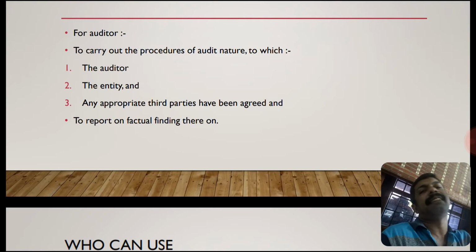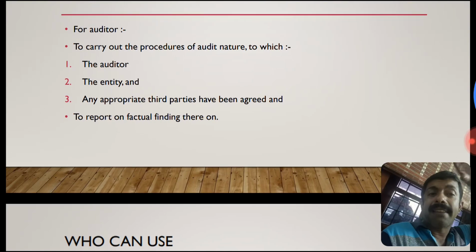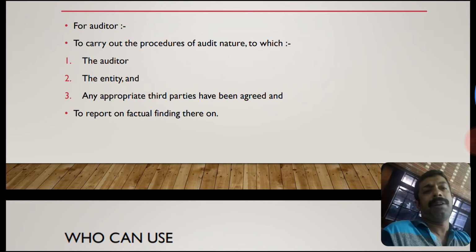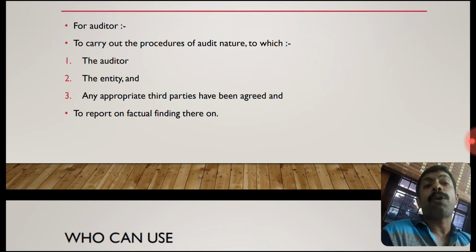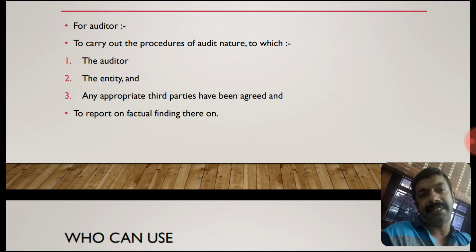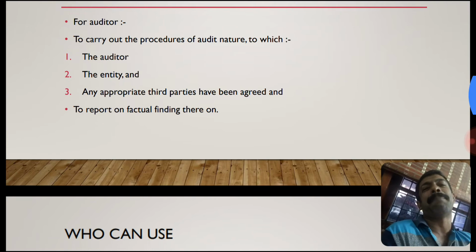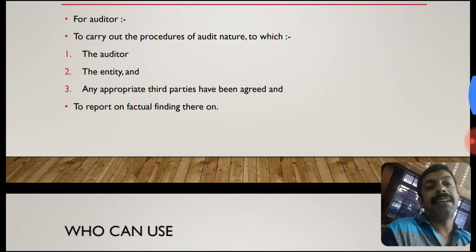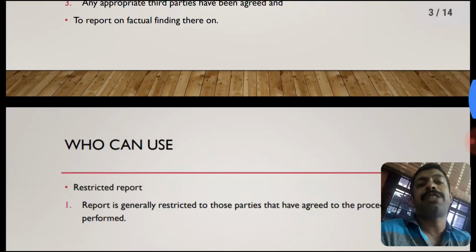We already discussed the preamble area where the franchisor and the client will agree upon certain conditions to obtain the franchisee, and report on the factual findings. What is the reality, whether the franchisee person has complied with the agreed upon procedures? That is called the factual finding.